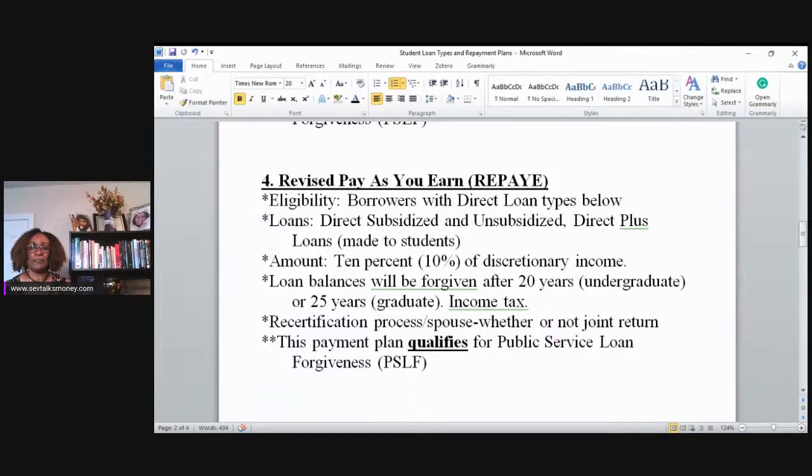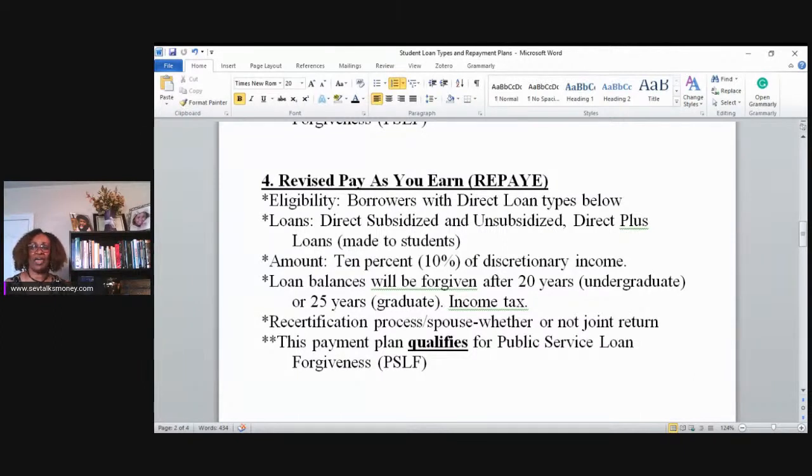Okay, and this one does qualify for the public service loan forgiveness. So typically the longer loans are considered or qualify for the public service loan forgiveness plan. So you might want to consider that. It's a trade-off.